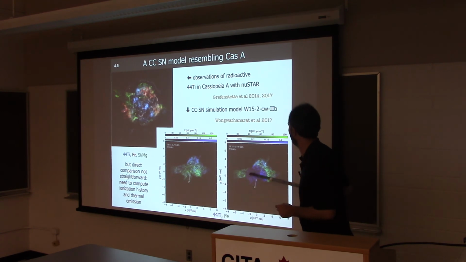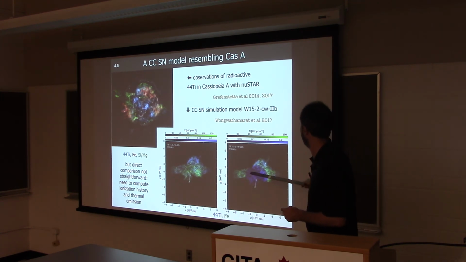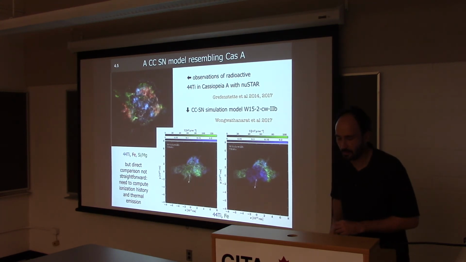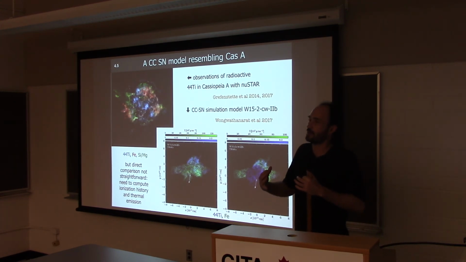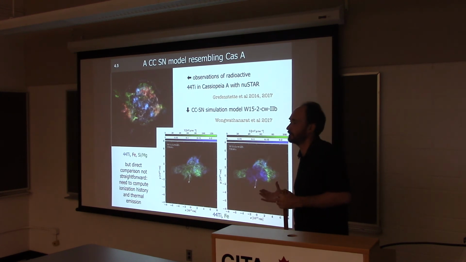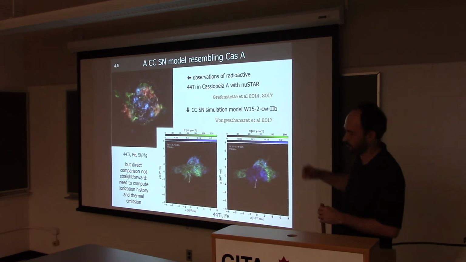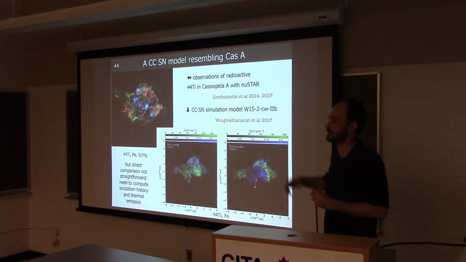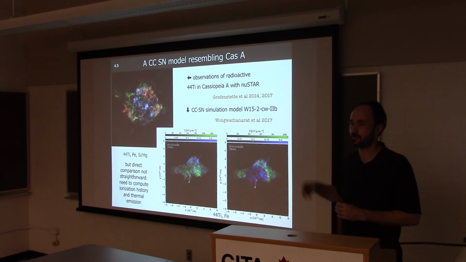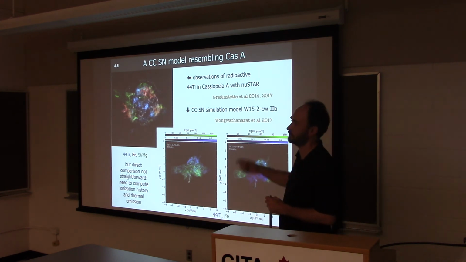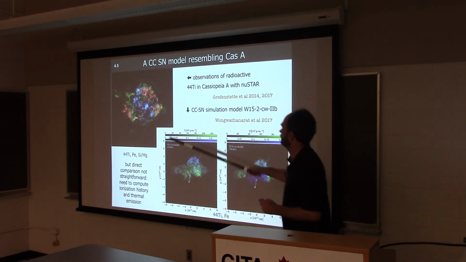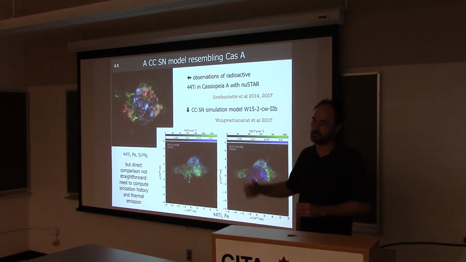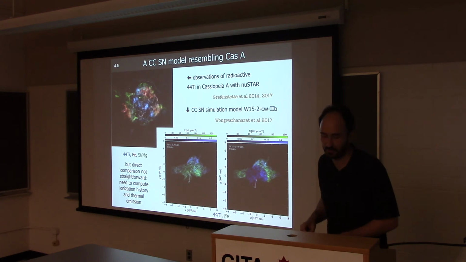The color is different here, so this one, you'll have to check the green one. They get these big blobs of iron by chance in this particular model, which is looking like what you see in CTA. So this is by no means a proof that this model explains CTA, but it shows that in principle this could be, at hundreds of years, still the impact of what happened at the explosion itself.